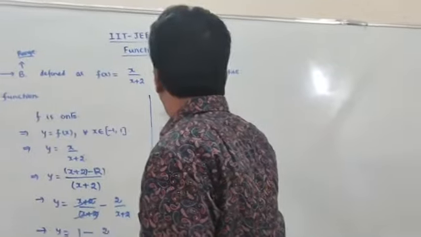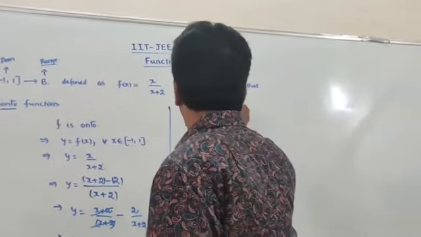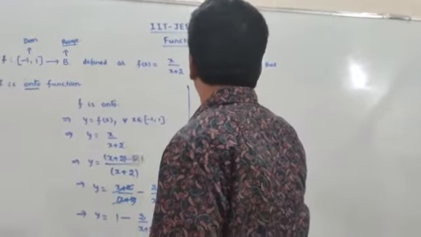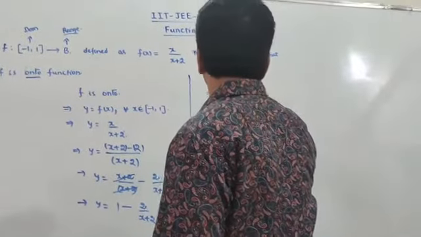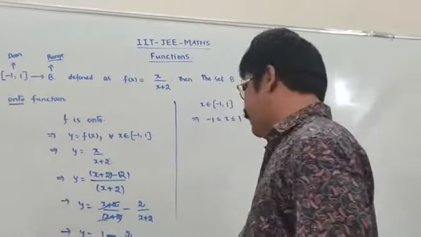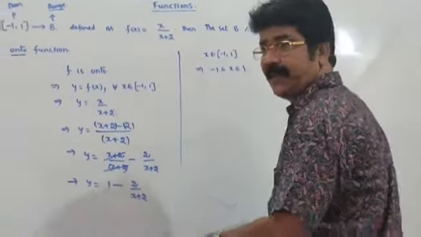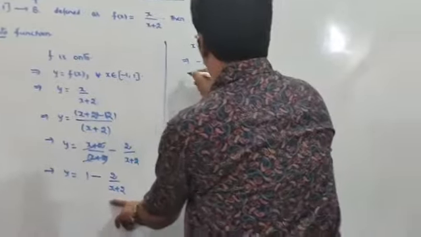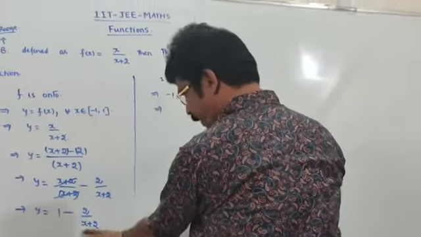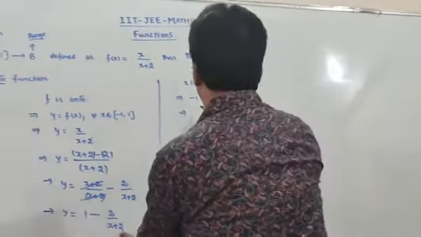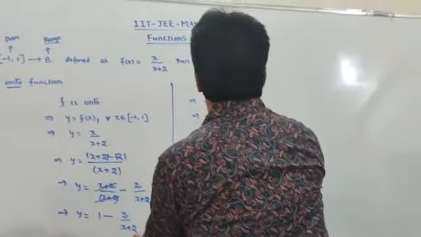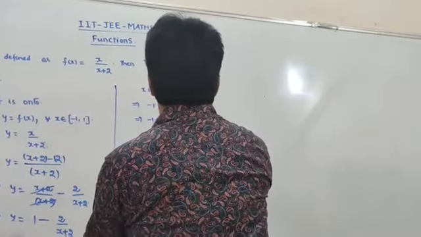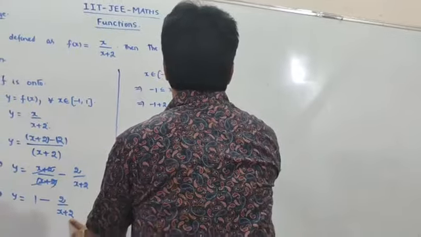Here x belongs to the closed interval of -1, 1. Means -1 less than or equal to x less than or equal to 1. So gradually we are getting the same term here. For x plus 2, we should add 2. Therefore -1 plus 2 less than or equal to x plus 2 less than or equal to 1 plus 2.